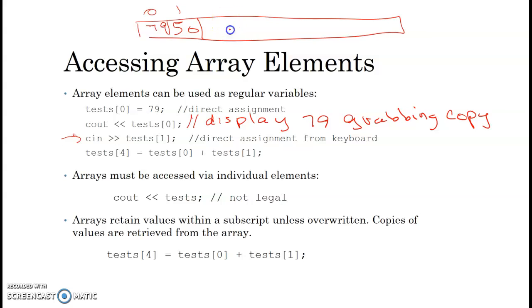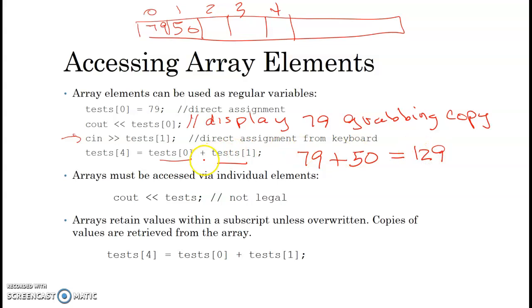I can overwrite or fill in. So here at index 4, it's going to take a copy of what's at 0. So we have 79. It's going to take a copy of what's at index 1, which is 50. It's going to add those two values together.